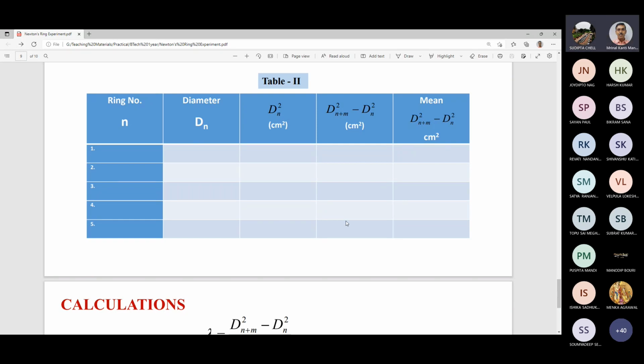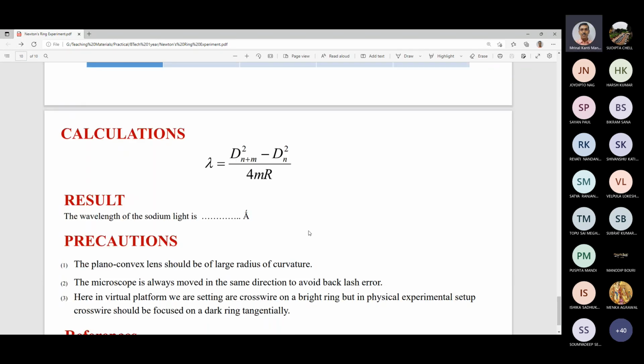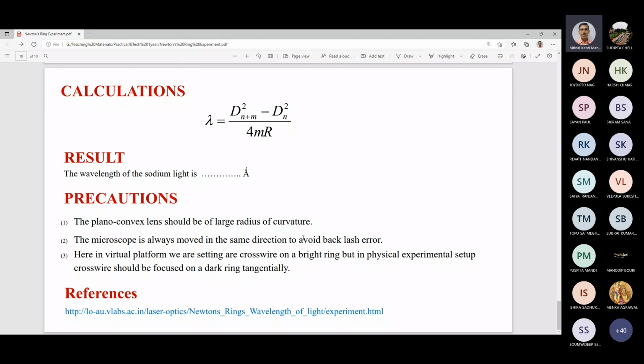All of you click on the link. Then you perform this experiment. I am sharing this. Hello, sir. I am sharing. You see.